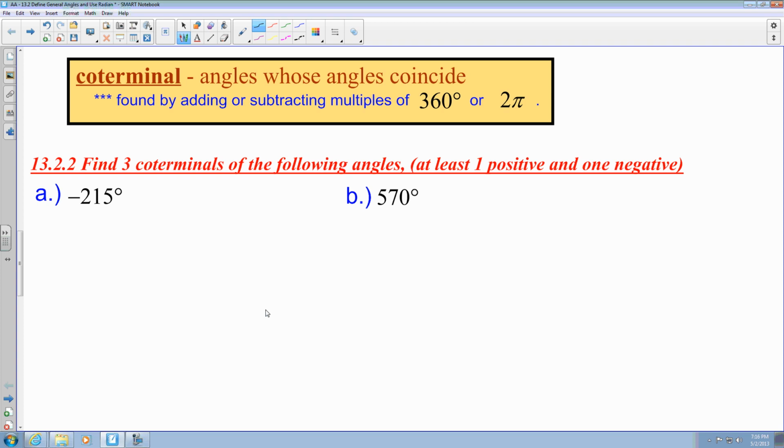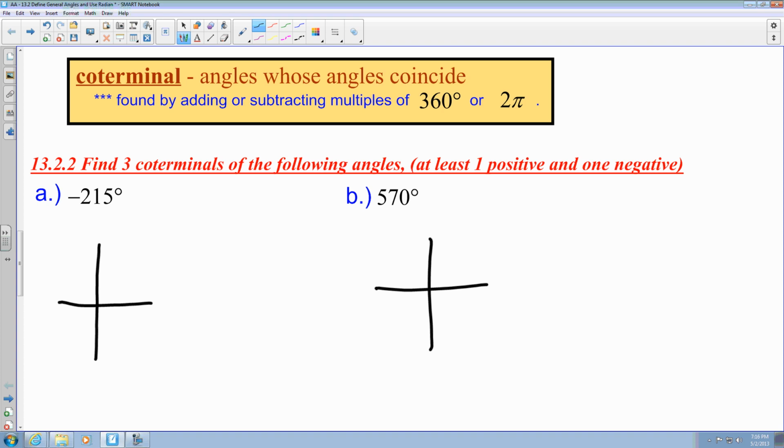In these examples here, they want us to find three coterminal angles, one of which they want to be positive, and another one they want to be negative. Okay? So I felt that it was easy enough to make it look like a graph and identify what that angle is, so then we know what we're dealing with.